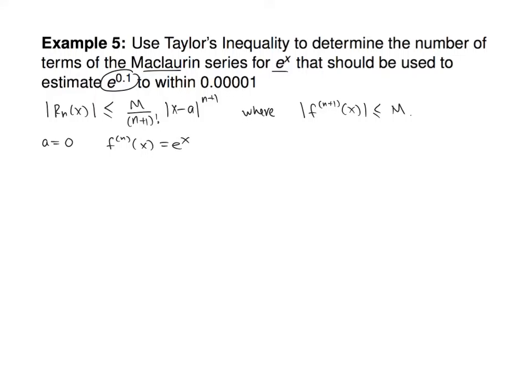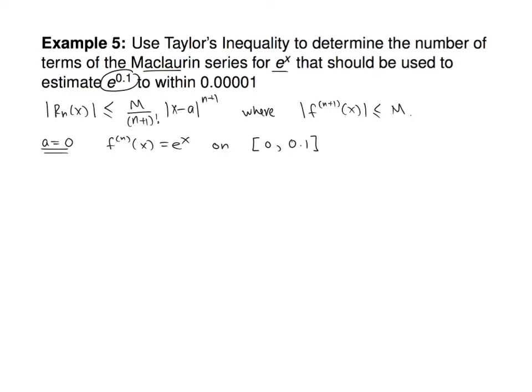If we're trying to estimate e to the 0.1 and we're centered at 0, we can say you're on the interval from 0 to 0.1, or even 0.2. It doesn't matter, but you're trying to estimate e to the 0.1. It's included.